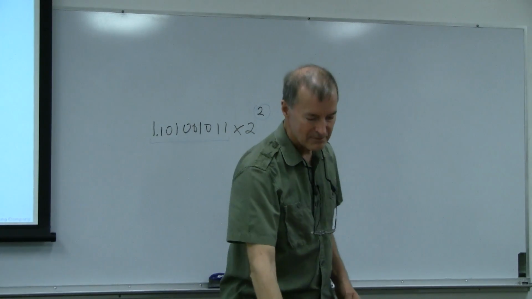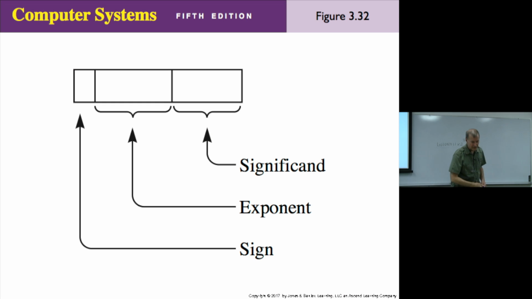Is everybody clear? So here in figure 3.32 is the layout of a floating point value inside the computer. The first bit is reserved for the sign of the entire number, and the exponent is how we store this integer exponent value, and this exponent could be negative, but that's stored within the exponent field.